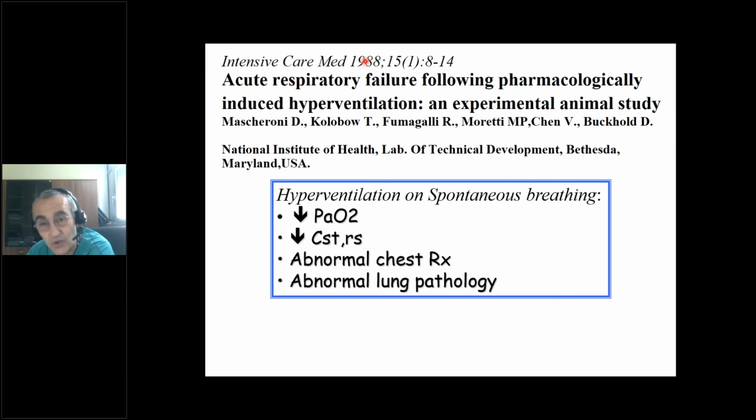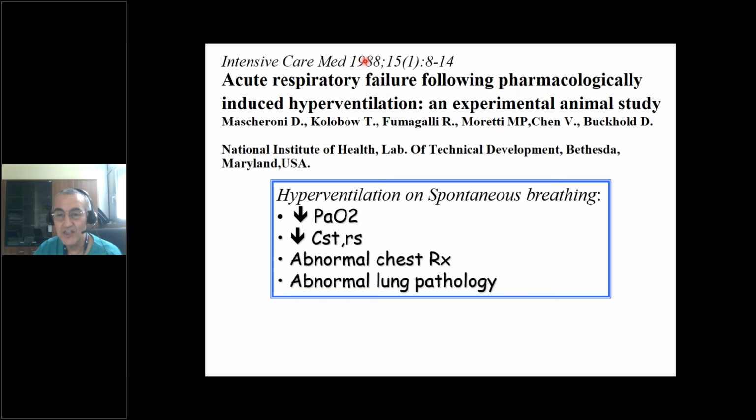That you can also have lung damage, not by mechanical ventilation, but just because of excessive tidal volume in spontaneous breathing, no ventilator.